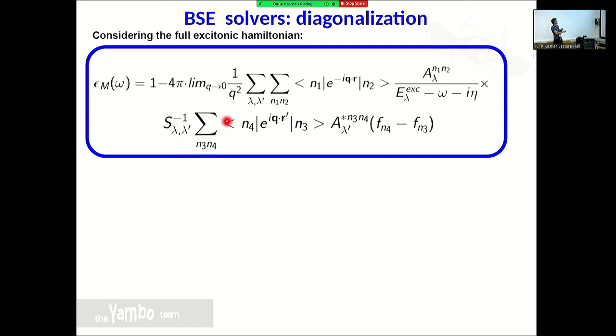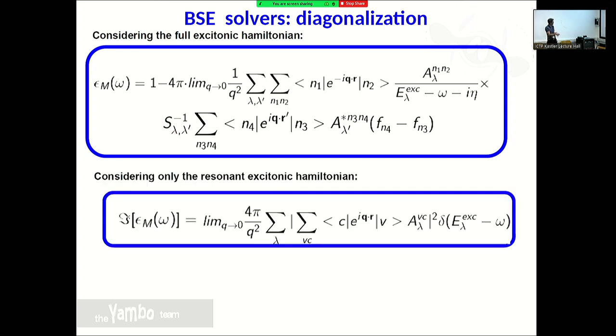And you also have this metric matrix in case you go beyond the Tamm-Dancoff approximation, because in that case the full Hamiltonian is not Hermitian anymore, and then the eigenvectors are not orthogonal anymore, and you have to take that into account. This is rather technical. In the Tamm-Dancoff approximation, you can forget about that.